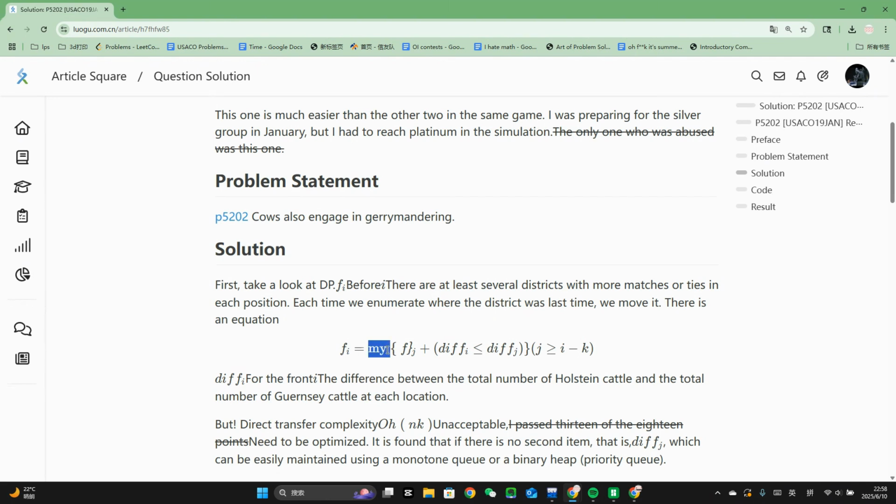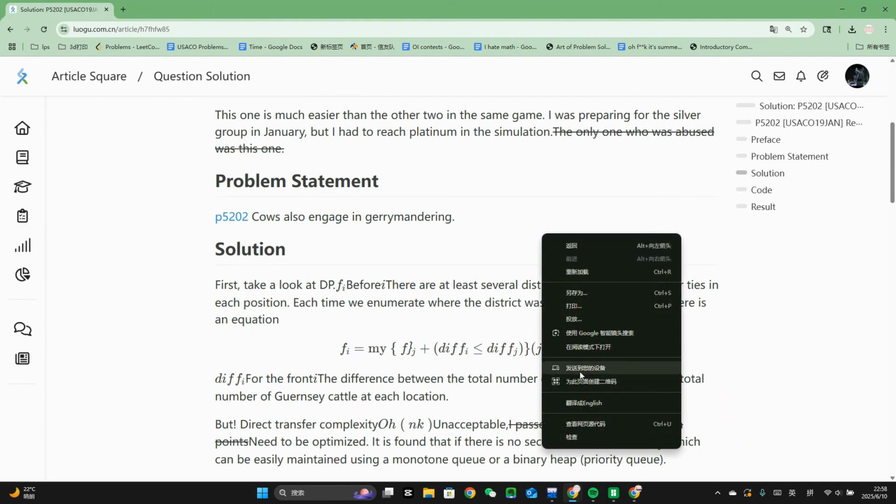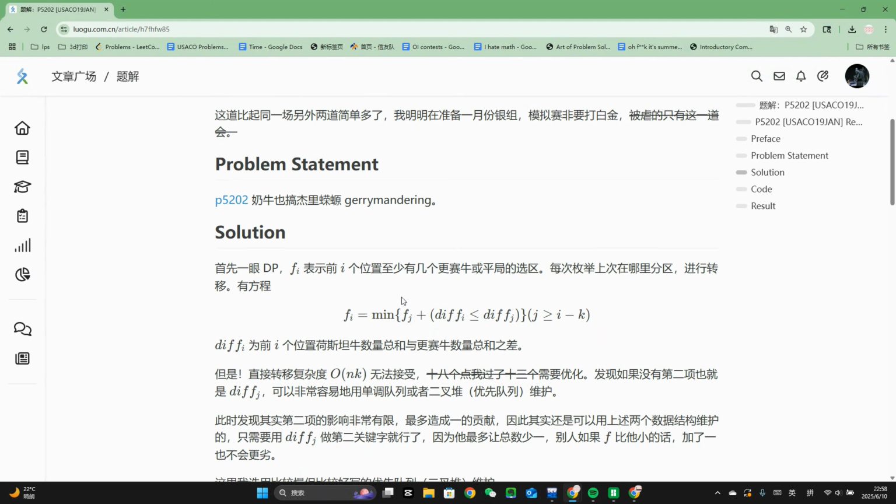F_i equals the min, out of all j, of F_j plus whether the difference between the number of Guernsey and Holstein at i is less than or equal to the difference between Guernsey and Holstein at j, right? Because if the difference increased between i and j, that means we probably got more Guernsey than Holstein, so we have to add 1 to F_j.